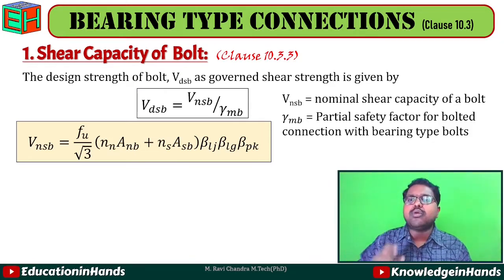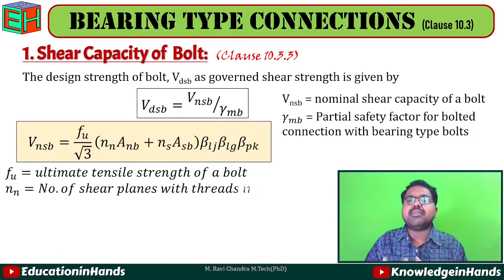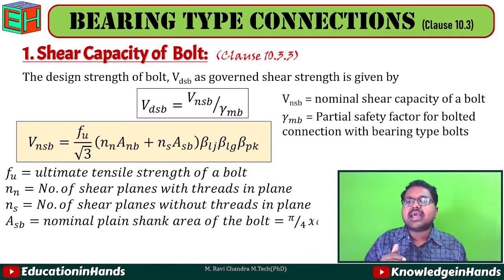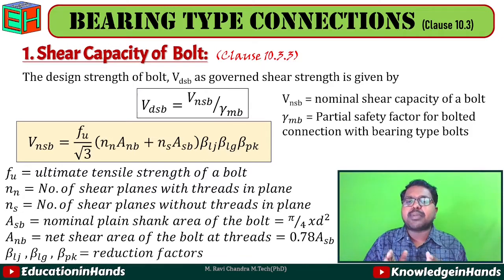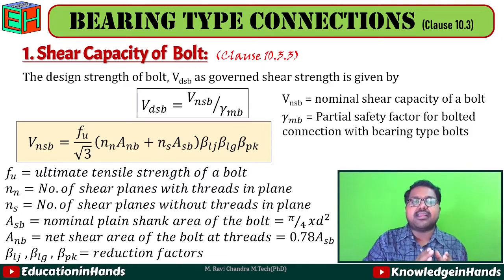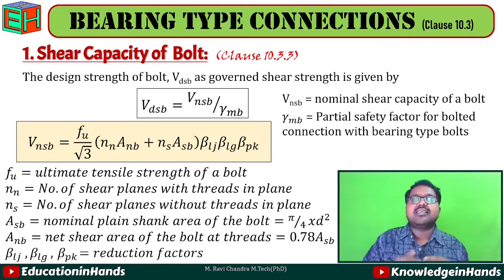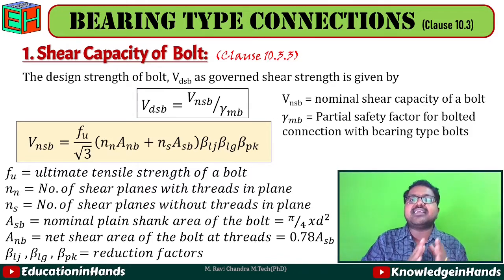So if we see the notation here, the first one Fu is nothing but ultimate tensile strength of bolt, and then NN and NS, if we see NN is number of shear planes with threads in the plane. So if we connect two or three plates, the shear planes which are in the plane of thread section of a bolt, then those planes are taken in NN, and NS is number of shear planes without threads in the plane.